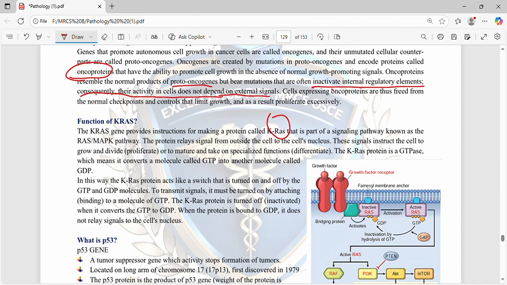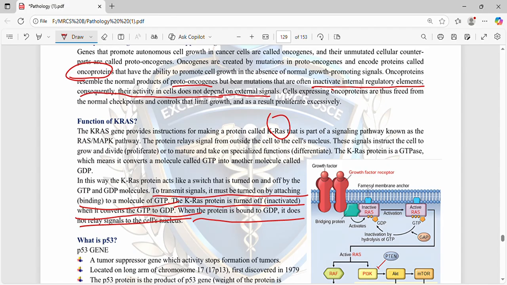In this way, the KRAS protein acts like a switch that is turned on and off by GTP and GDP. To transmit signals, it must be turned on by attaching a GTP molecule, guanosine triphosphate. The KRAS protein is turned off or inactivated when it converts GTP into GDP. When the protein is bound to GDP, it does not relay signals to the cell nucleus.